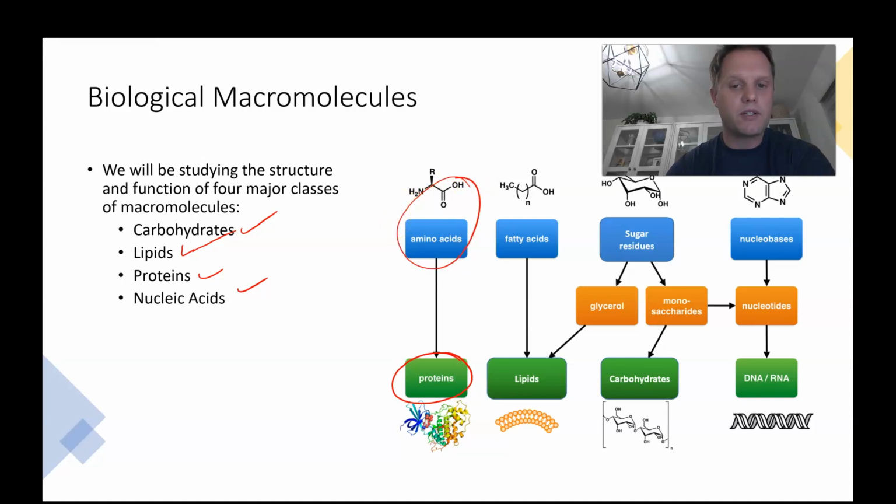Amino acids that come together to form larger molecules are known as proteins. Fatty acids will combine together to make lipids or fats in your body. Sugars will combine to form carbohydrates. And nucleotides or nucleobases will form DNA and RNA, the genetic material of your cells.